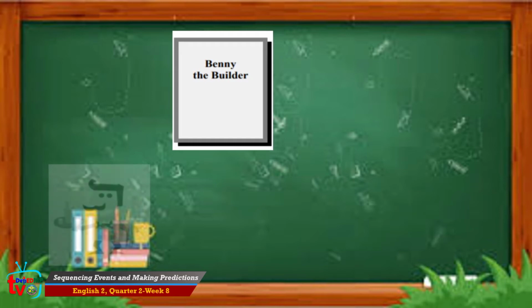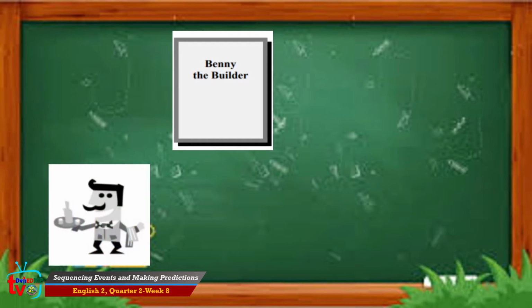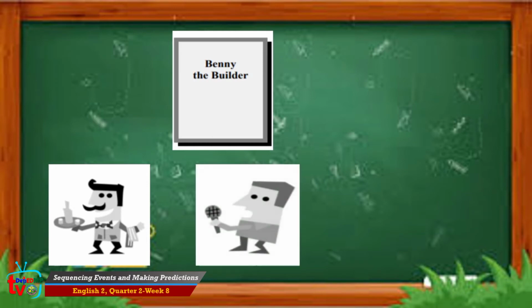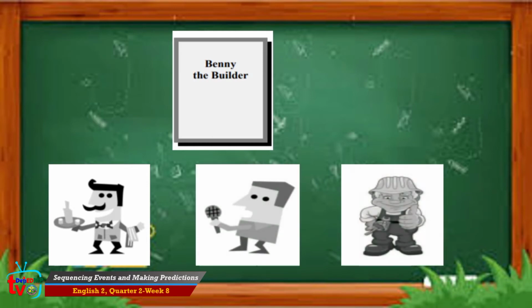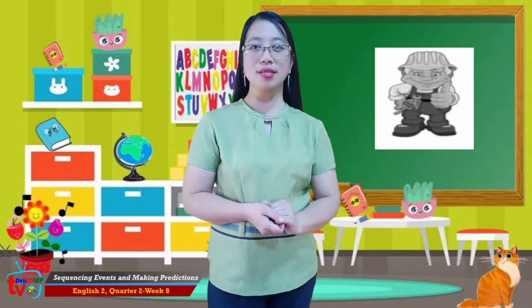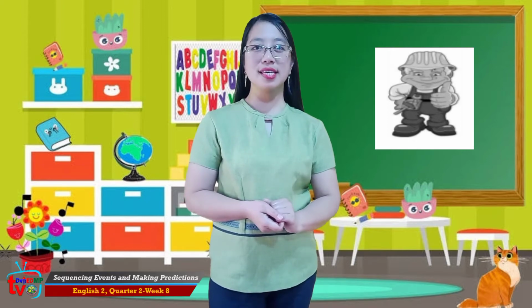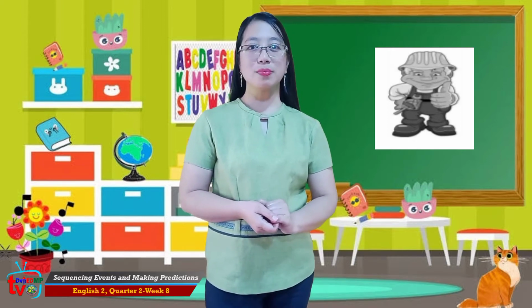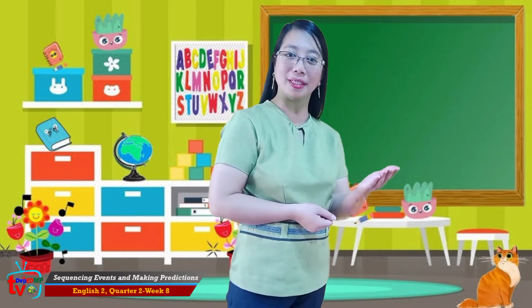Is it the first picture, the second picture, or the third picture? The answer would be the third picture because it shows a picture of a builder, since it is what was mentioned in the title.